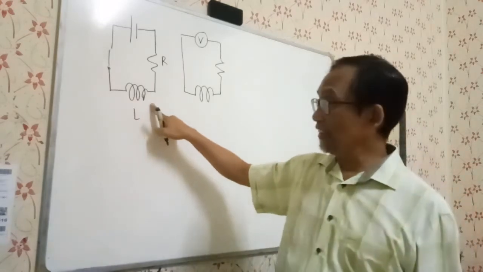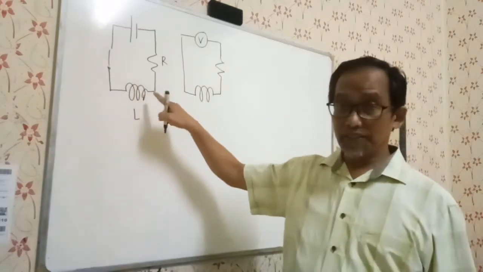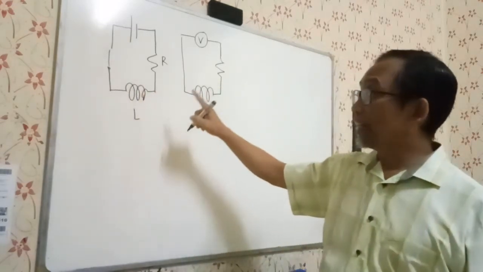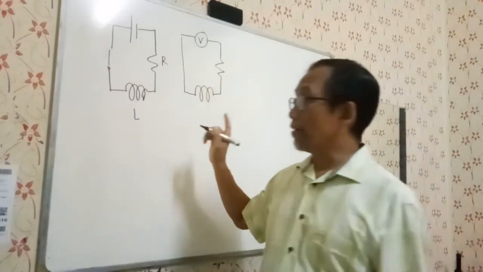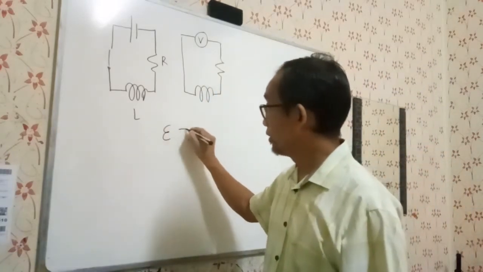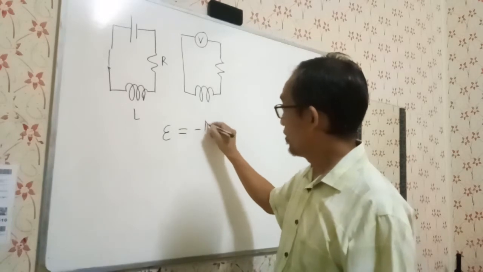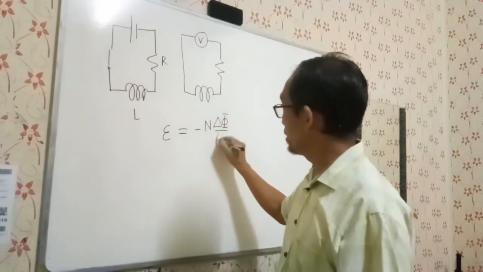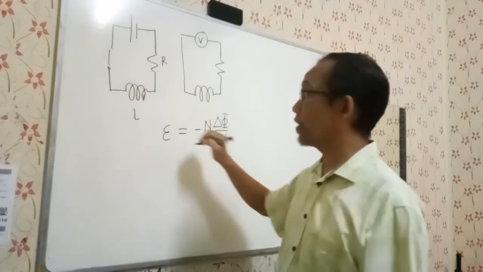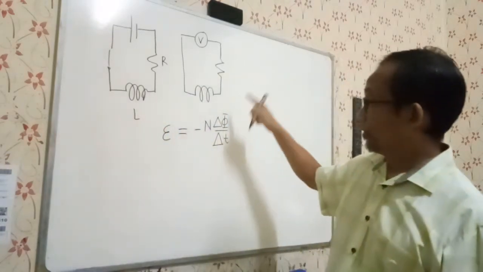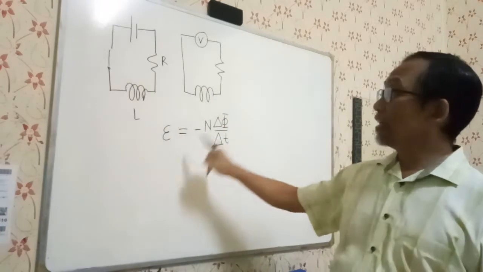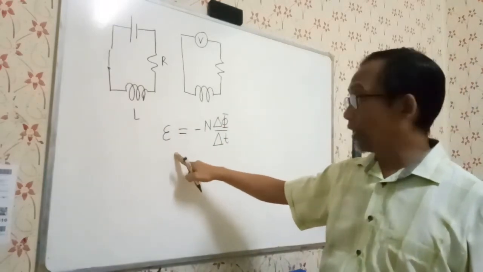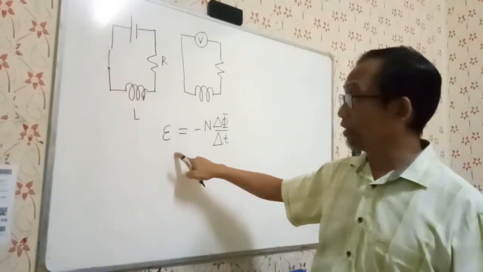Okay, so when we close the switch here, there will be current flowing in this circuit, and as the current is rising in the coil, there will be EMF generated. We follow Faraday's law. When there is a change in the magnetic field or magnetic flux, there will be EMF generated on a conductor nearby within the magnetic field.